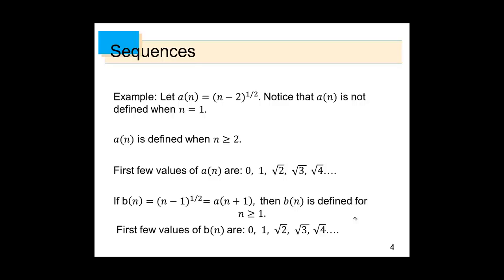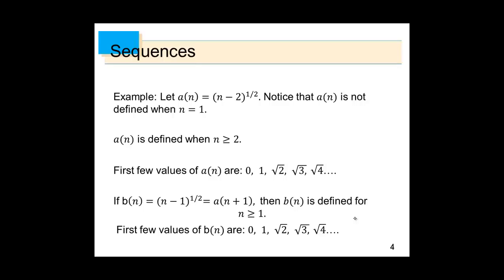Am I making sense? In fact, if you have a function where n starts at a negative integer, that's still a sequence. If it starts at 0, still a sequence. If it starts at 4, still a sequence. You can always change the formula so that you start at 1.